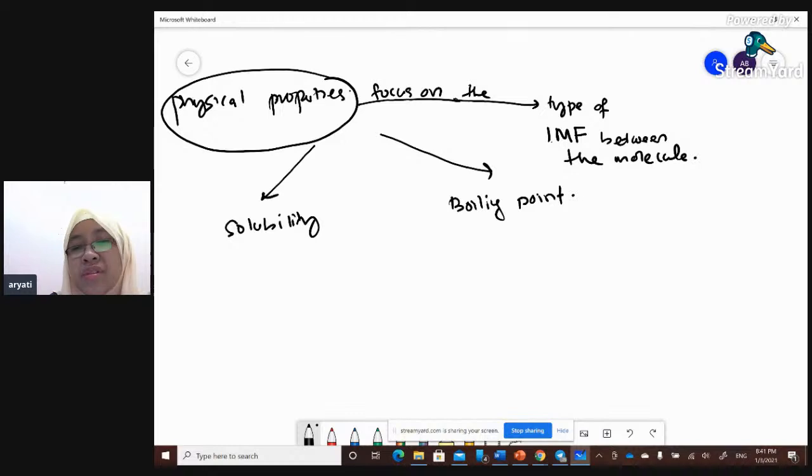The intermolecular forces between the molecules are of two types: van der Waals forces and hydrogen bond.